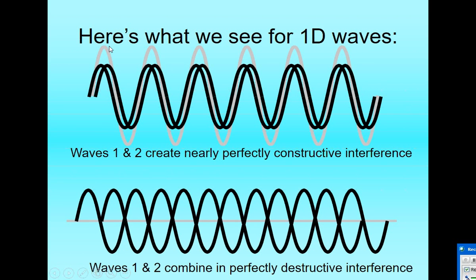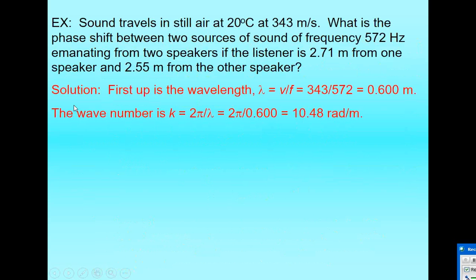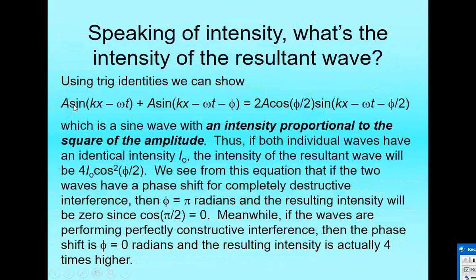And the wavelength of the combined wave is the same as the wavelength of either of the separate waves. So, same wavelength, same frequency. The location of the combined wave is at a phase shift exactly midway between the separate waves.